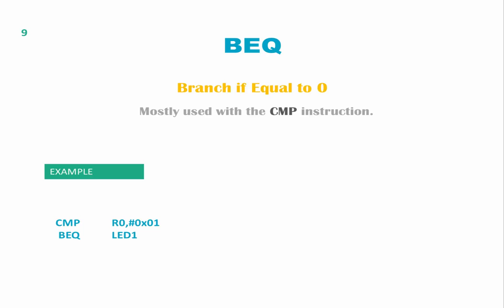For example, let's say we have our previous example here, CMP R0, #1, BEQ LED1. What this implies is if you compare R0 to the number 1 and it's equal, branch to LED1, and we can think of LED1 as a subroutine somewhere. Compare the value of R0, branch to LED1 if result equals 0.